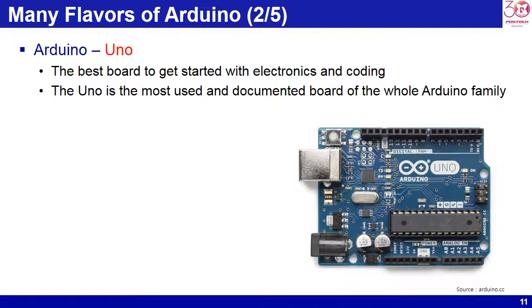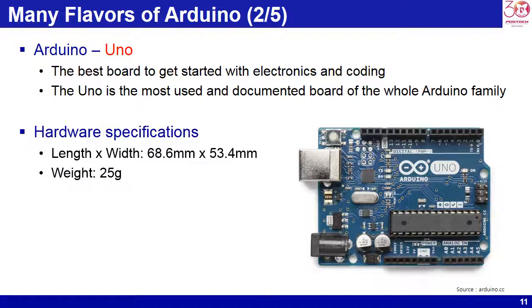The most popular version is Arduino Uno. In my opinion, this Arduino board is the best one to get started in developing an interactive thing. Many people are working on various projects using the Uno version, and it is the most well documented of the whole Arduino family.